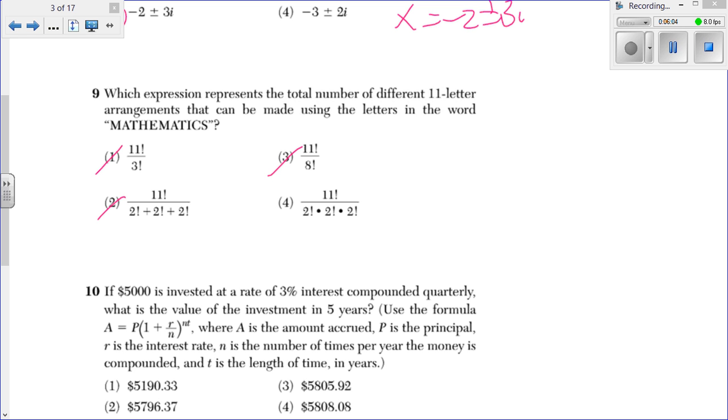We never add the factorials, so that gets rid of 2, so it is choice 4. But just to kind of write it out for you, it's 11 factorial over 2 M's times 2 A's times 2 T's. So that's where it's coming from.